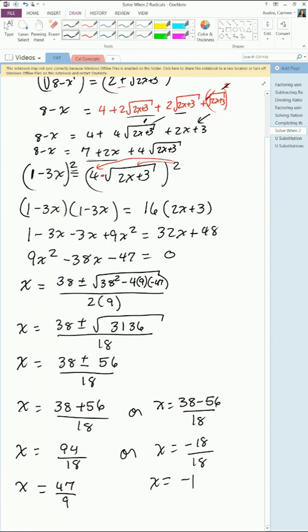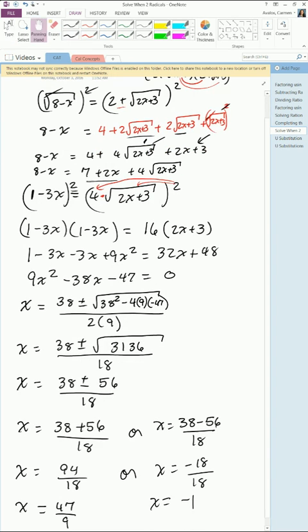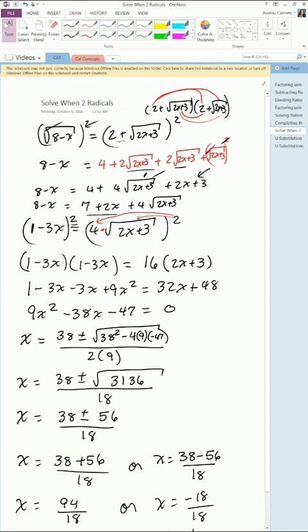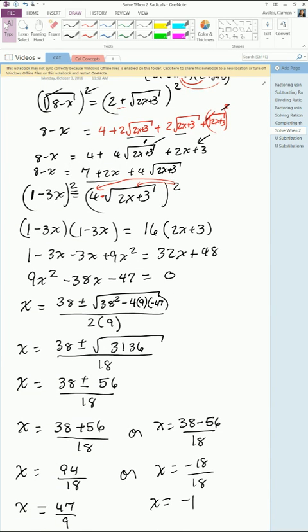Now, what you would do is you would substitute them back into the equation and see which one is going to give you a true answer and not an extraneous solution. So when you substitute it back in, you could find out which one it is.